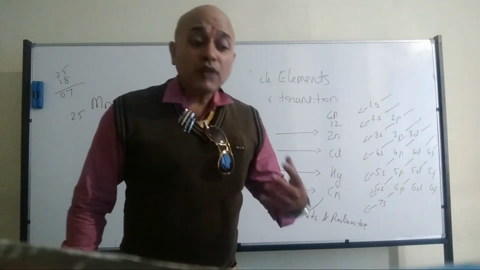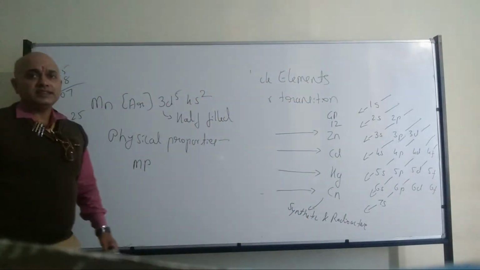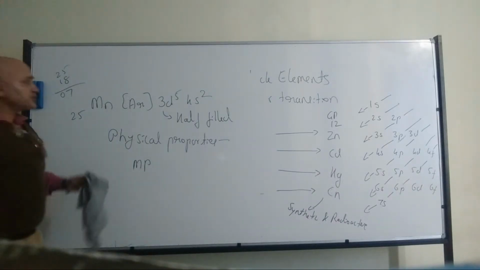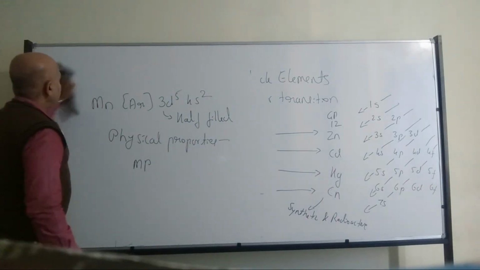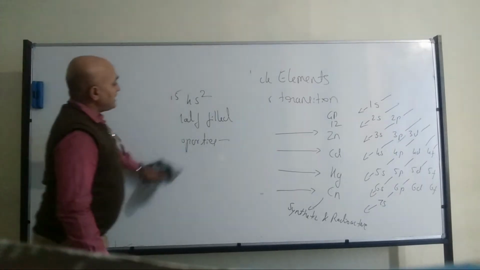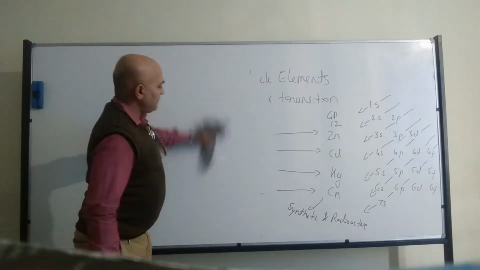Fine. So what can be the reason why they have a higher melting point? That question has to be answered now. Why do transition metals have a higher melting point or higher atomization enthalpy? What do we mean by atomization enthalpy?